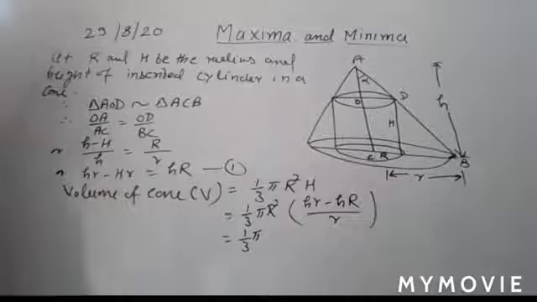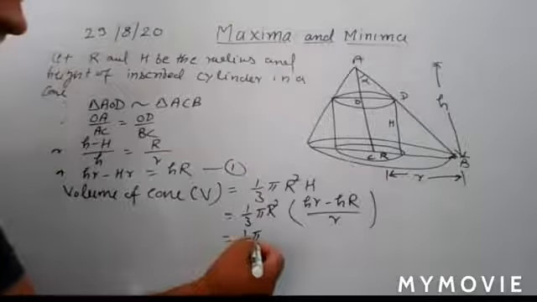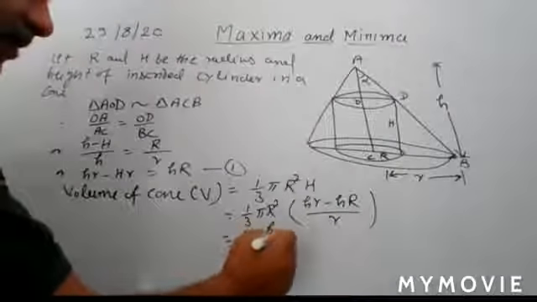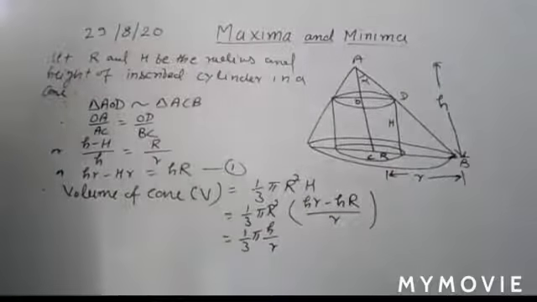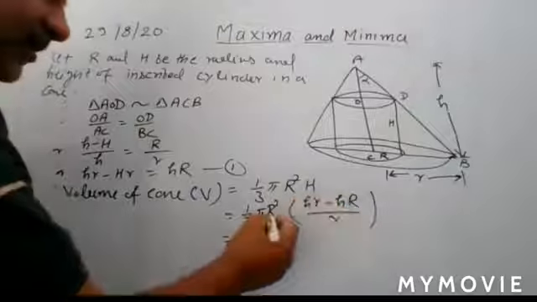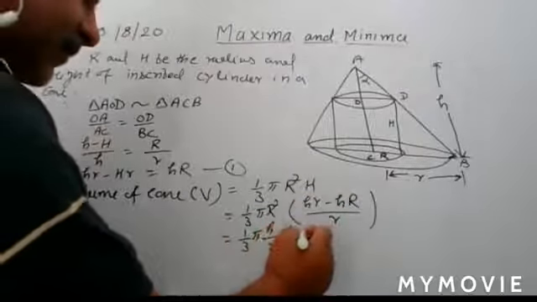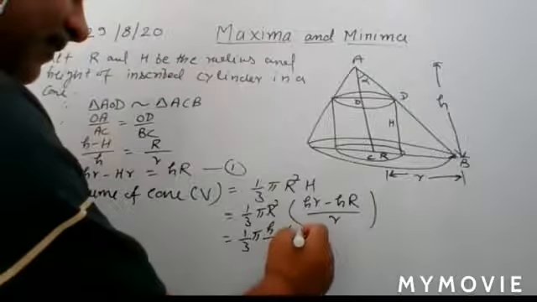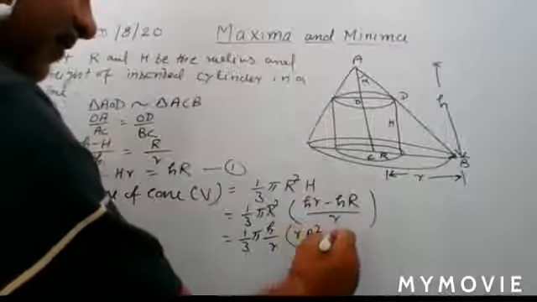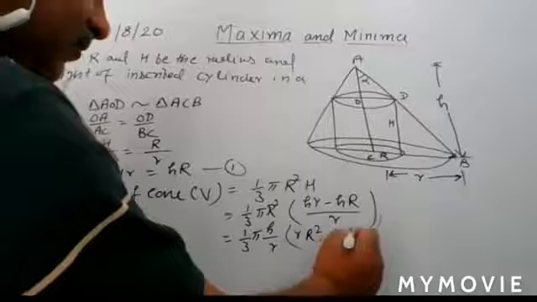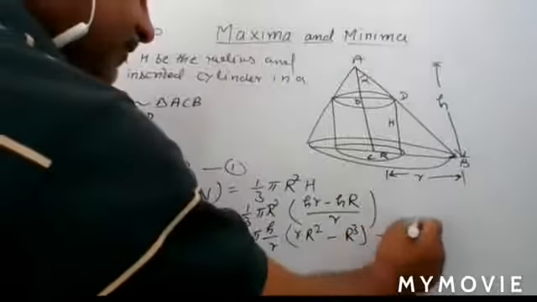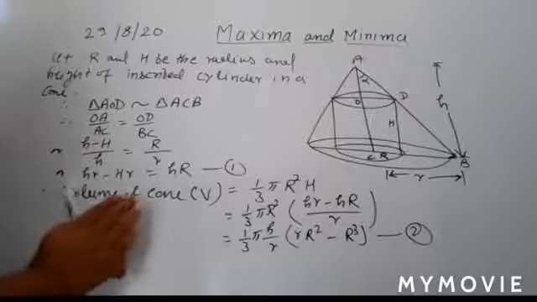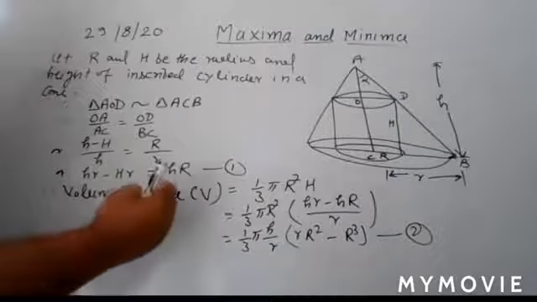Now here you have 1 upon 3 pi small h upon small r, and you multiply each term by capital R. So you have small r capital R minus r cube, and this is your second equation, which is the equation of volume.